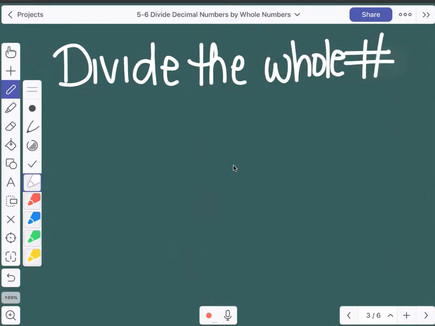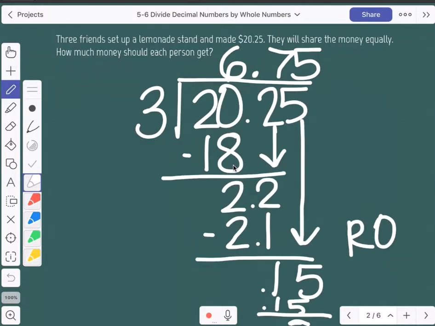I'm trying this new software because it appears to write better, which should help you. So the first thing I did was I divided the whole number. If we go back and look, I figured out what I had with the whole number within my decimal. So I did that first.